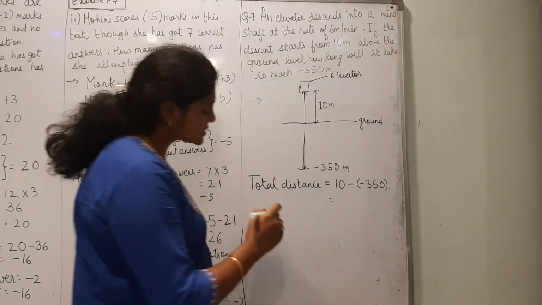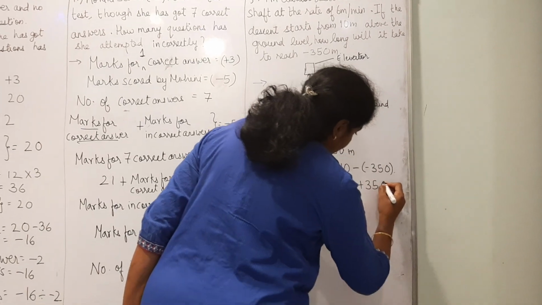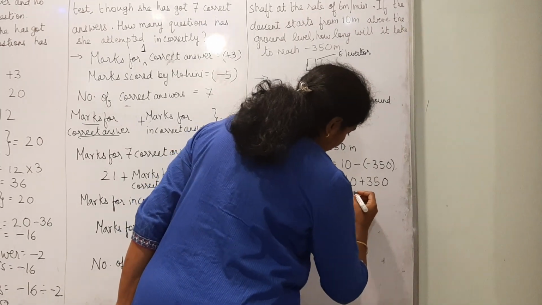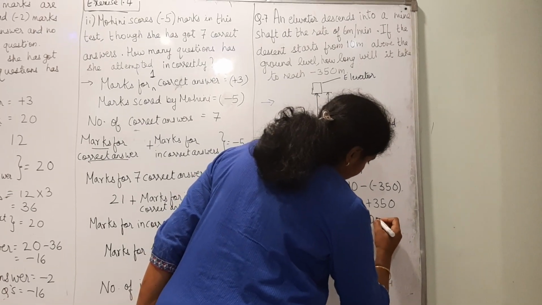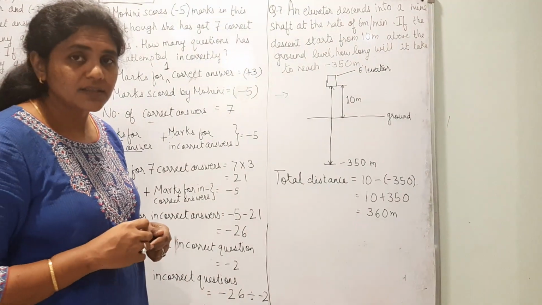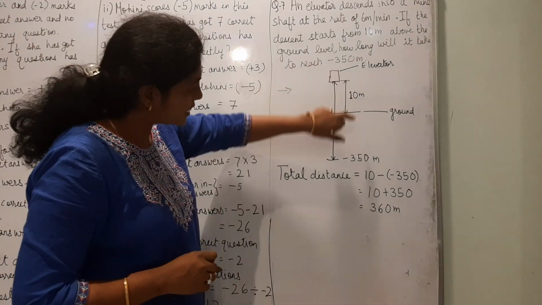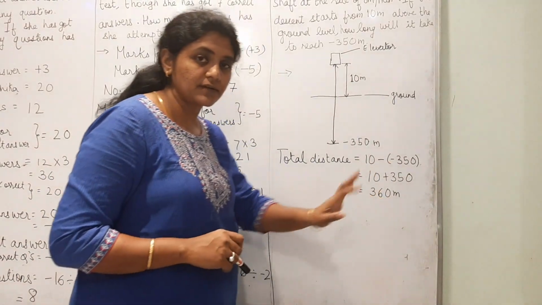So 10 minus 350, that is plus 350, so that is 360 meter. Right? This is the distance from here to here. If you find out, this is 360 meter.